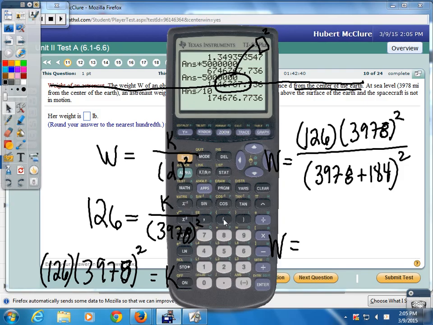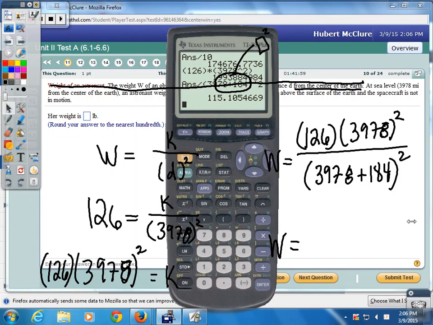Parentheses, 126 times parentheses 3978 squared, divided by parentheses 3978 plus 184, quantity squared, equals 115 point what? 115 pounds.